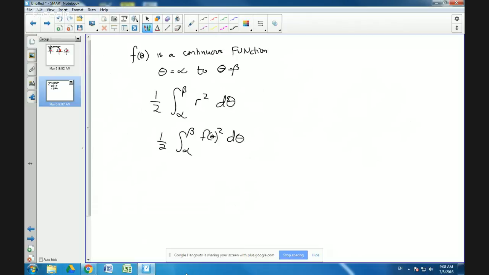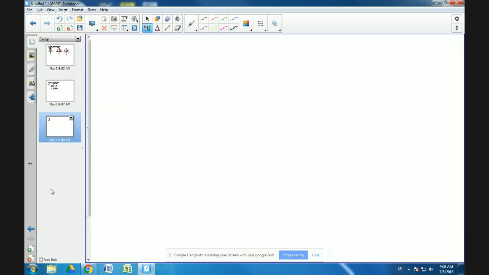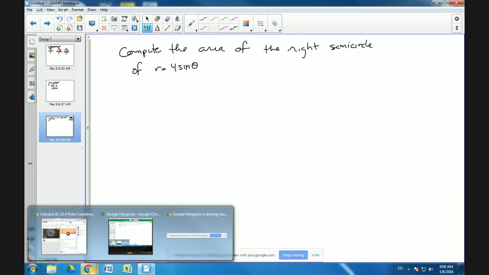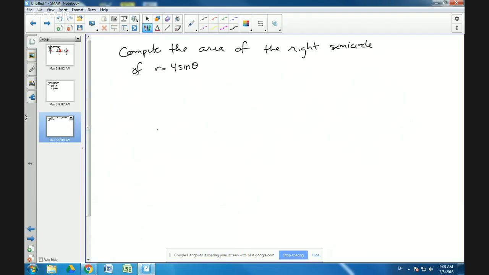Let's try to compute the area of the right semicircle of r equals 4 sine theta. Do you know what that looks like off the top of your head?